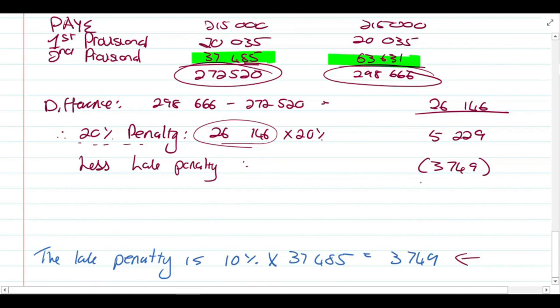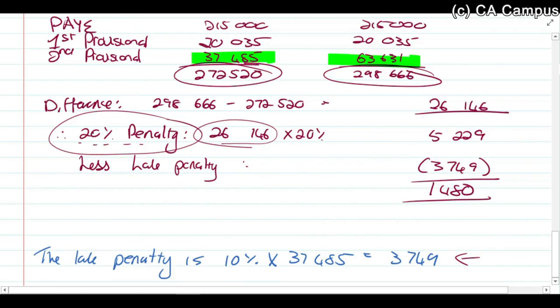Okay, so let me just explain. From an academic perspective, you're not seeing the timing. The reality is how it would work. This 20% underestimation penalty, they'll only figure out months later when she has done her final tax for the year.